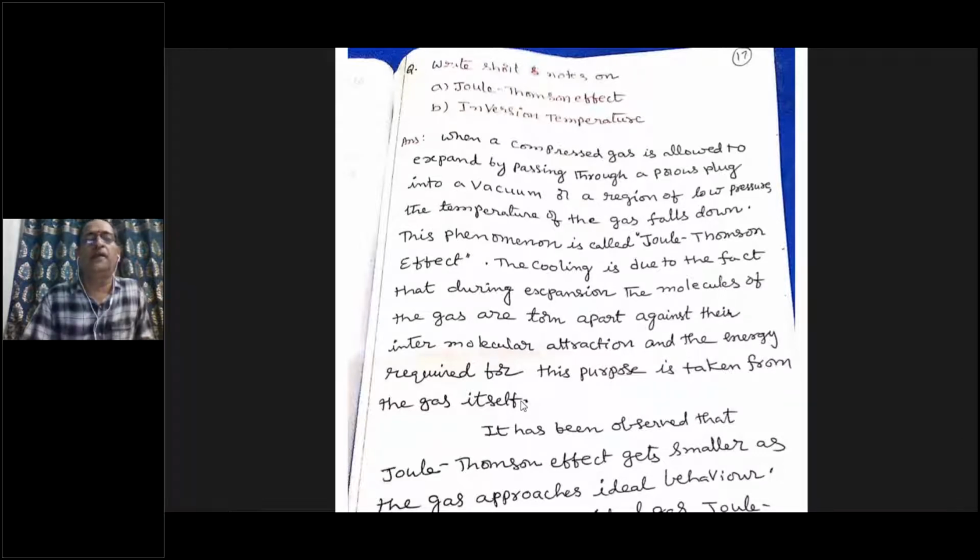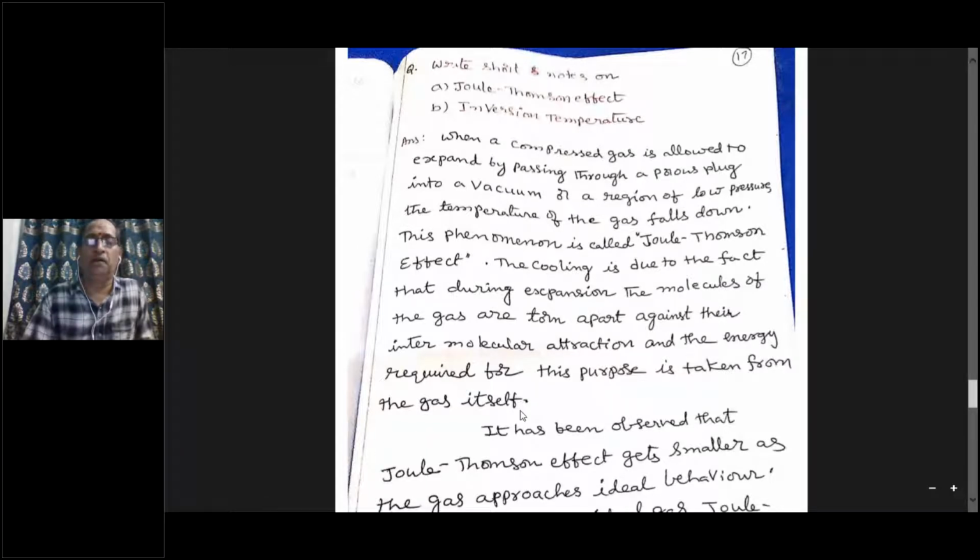We have to understand that this Joule-Thomson expansion takes place at constant heat conditions, that is adiabatic conditions. So no heat is allowed into the system, or out of the system. So the temperature of the gas will fall down.